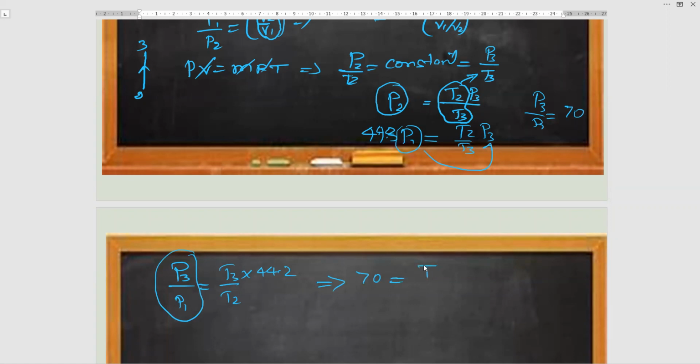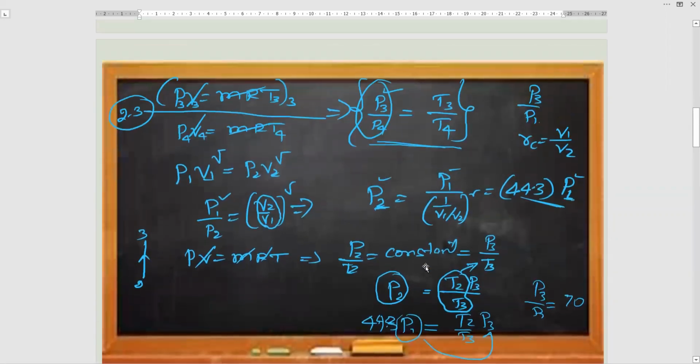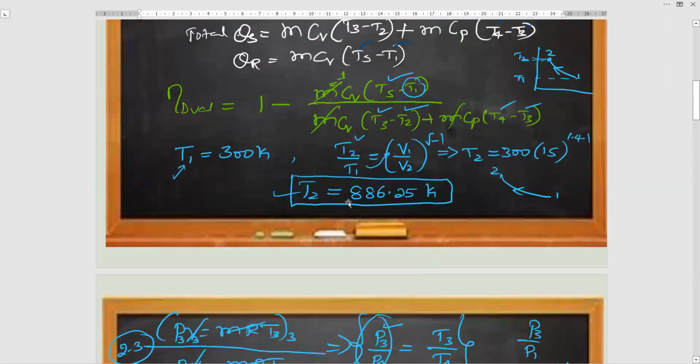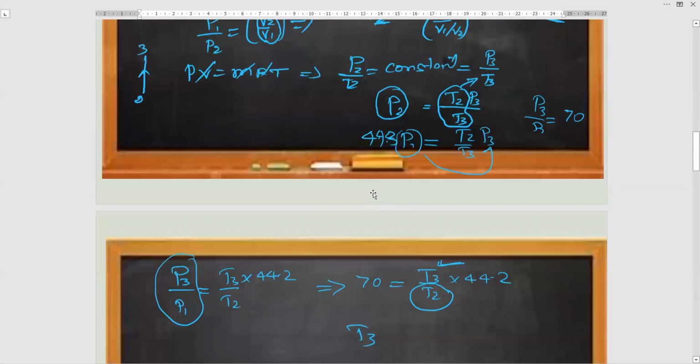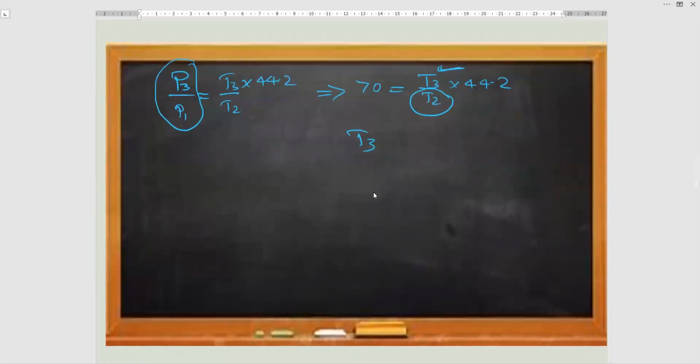Substitute 70 equals T3 by T2 into 44.2. And dear students, in the above step you have calculated T2. Now calculate T3. In step number 2, we have calculated T2. If you go to the previous, here we have calculated. We are applying just the ideal gas equation for all processes. So T3 you will get as 1400.